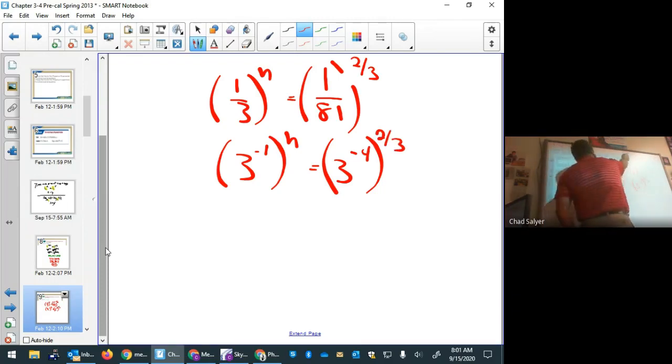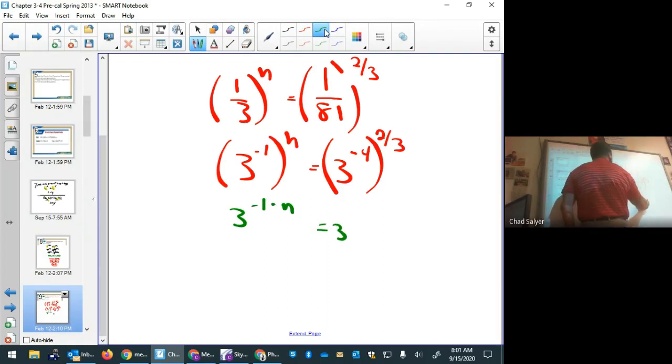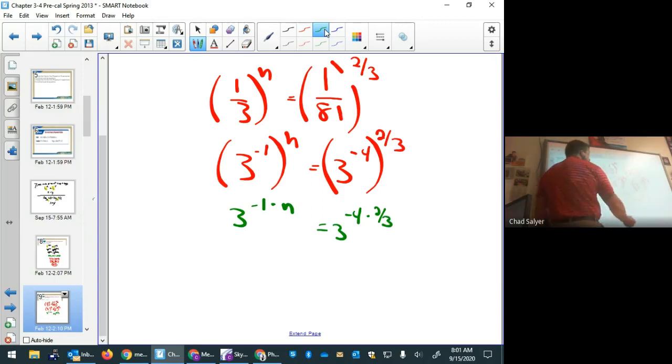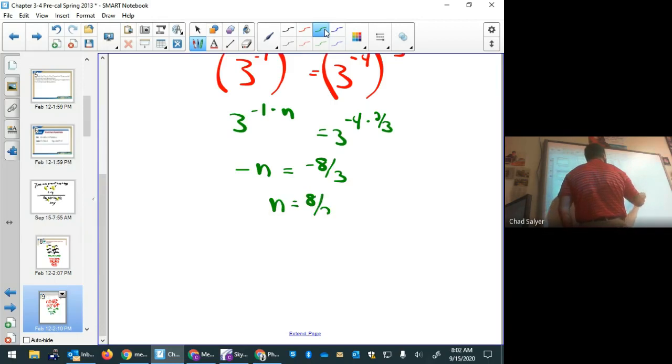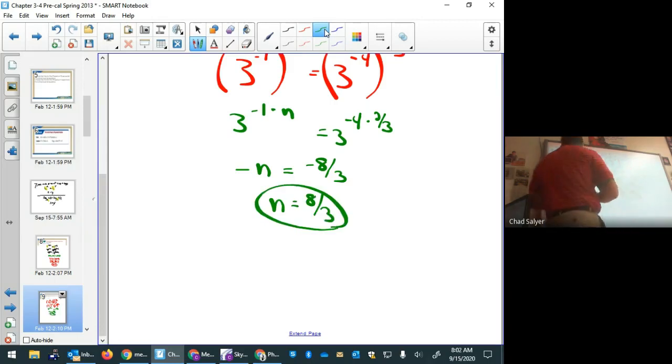And at this point, I need to use the power of a power rule. And from here, I can apply that one-to-one property again. So that's negative n equals negative 8/3, or n equals 8/3.